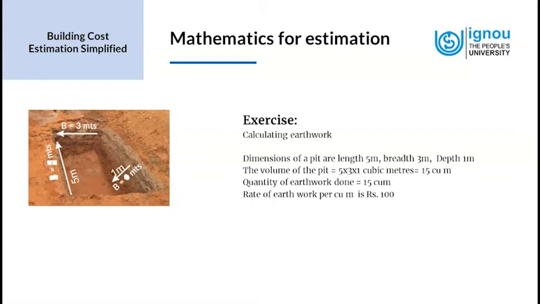So the total cost will be the quantity of earthwork multiplied by the rate. So this will become 15 into 100, that is rupees 1500. So now we apply the unit rate to the total quantity of material, and then we find the cost of that particular activity.